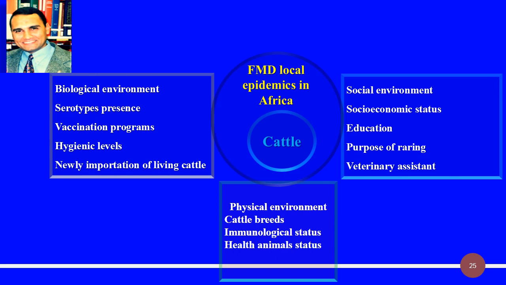Social environment: socioeconomic status due to poverty and low education of most African people. They do not believe in vaccination, or in test and slaughter, or in veterinary assistance as support for getting rid of this disease. Purpose of rearing.